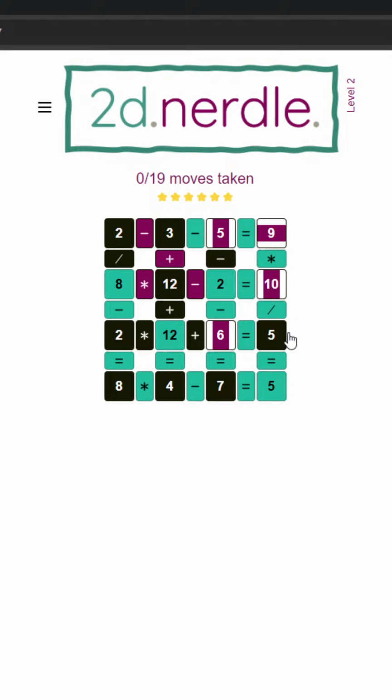So we know 10 is in here somewhere. Okay, so this 5 and 6, this is probably our best column. Oh, we also have to change these? Ooh.